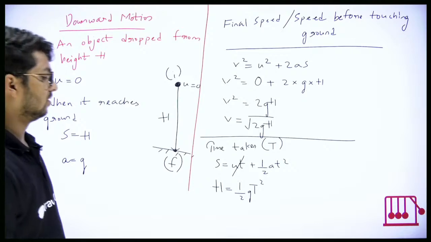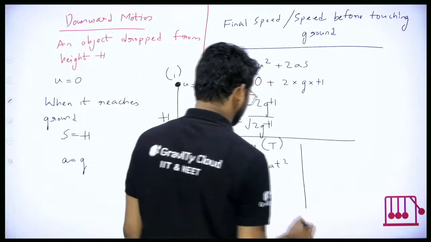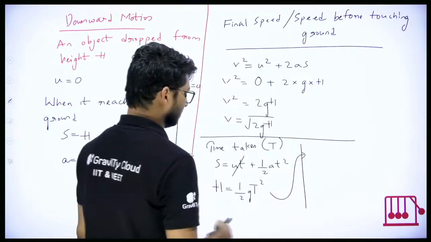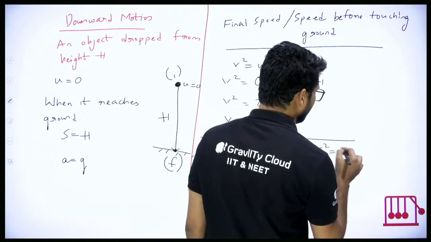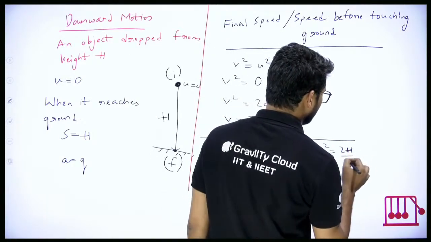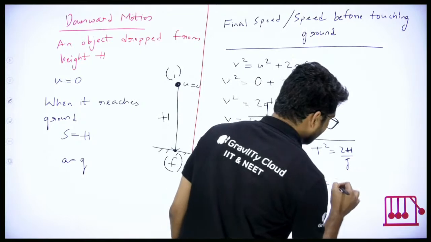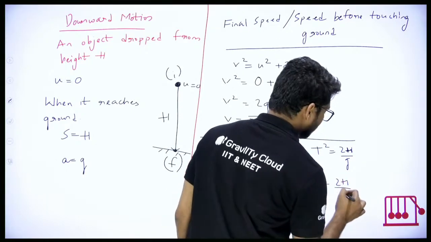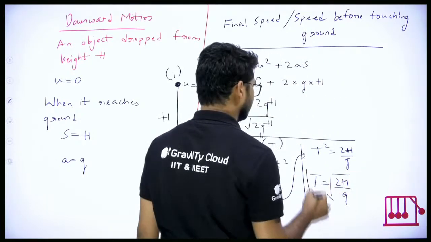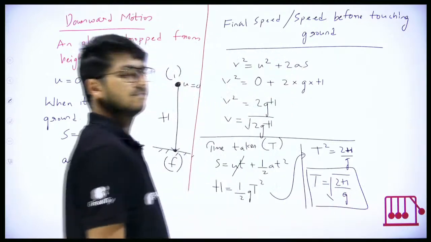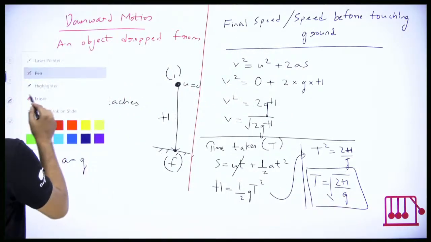If I rearrange this, I get T square is equal to 2H by g, or time of flight is equal to under root of 2H by g. Got it now?